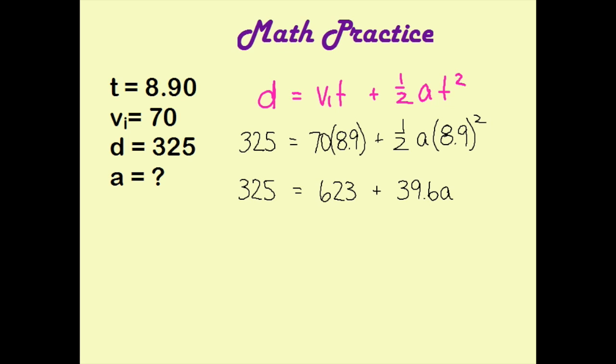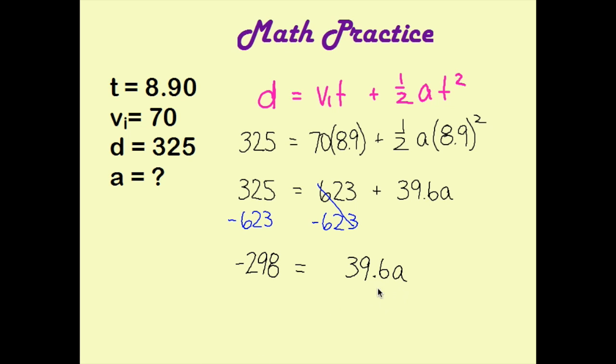Now to get the A by itself, first I have to get rid of this term. These are added together, so I need to do the opposite of adding to get them apart. I need to subtract 623 from both sides. To get A by itself, I need to get rid of this.